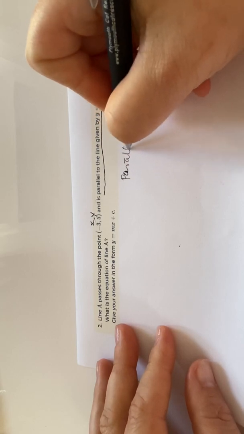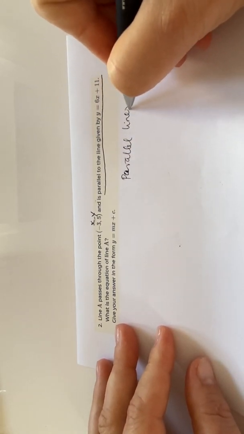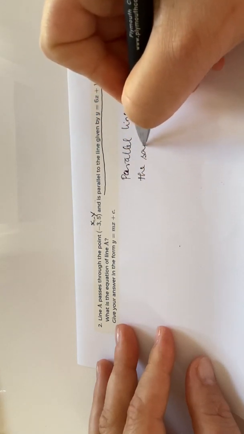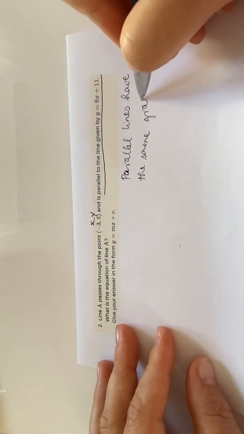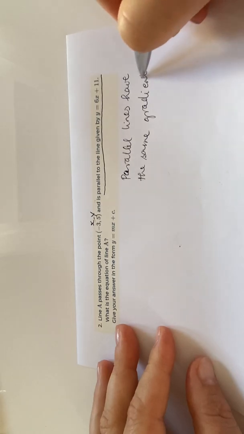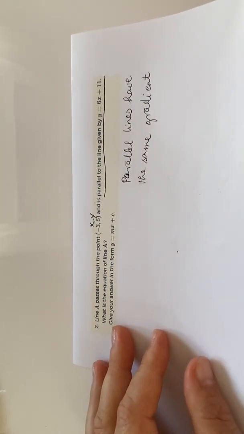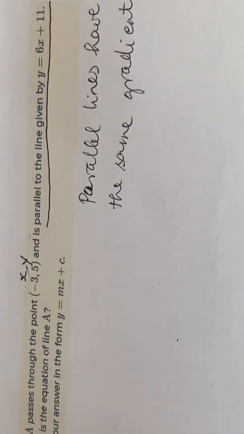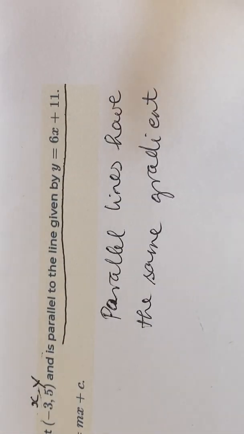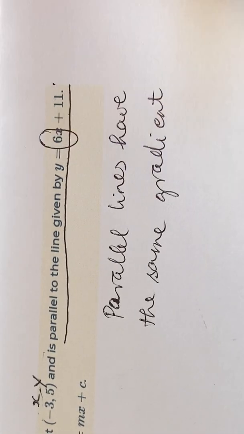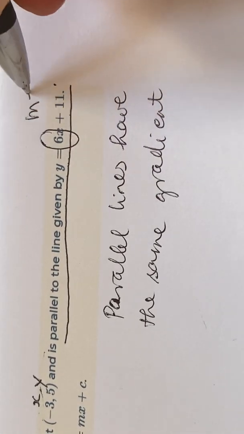So parallel lines have the same gradient. What that means is their steepness is the same. Now, if I look at this equation here, y equals 6x plus 11, the gradient is 6, so m is equal to 6.